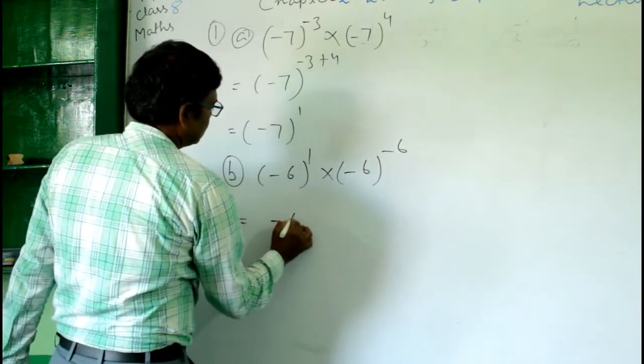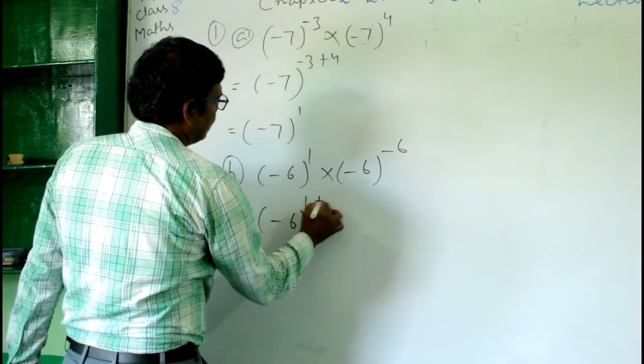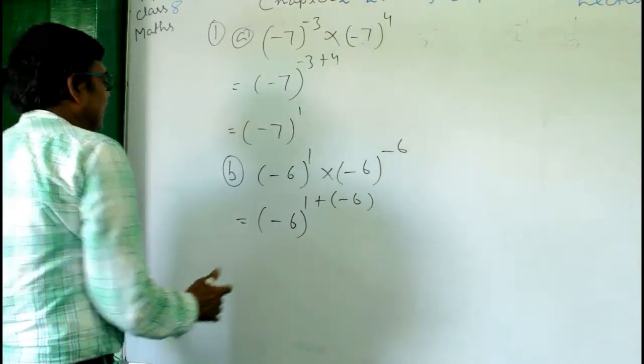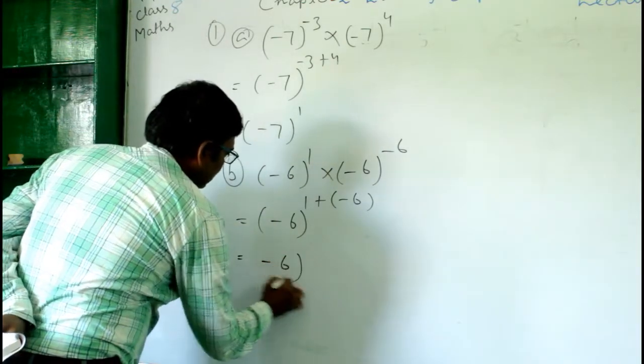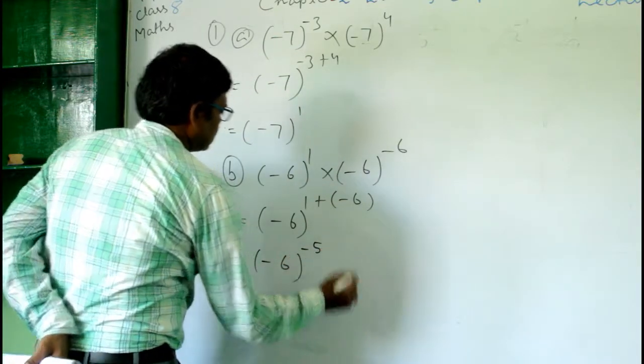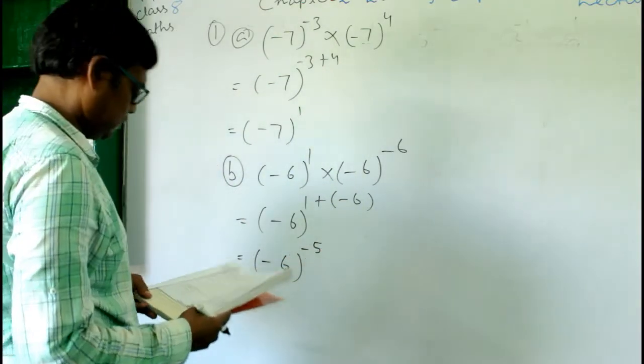It will be minus 6 to the power 1 plus minus 6, because the base is the same, so the powers will be added. So minus 6 to the power minus 5 is the exponential form of this.